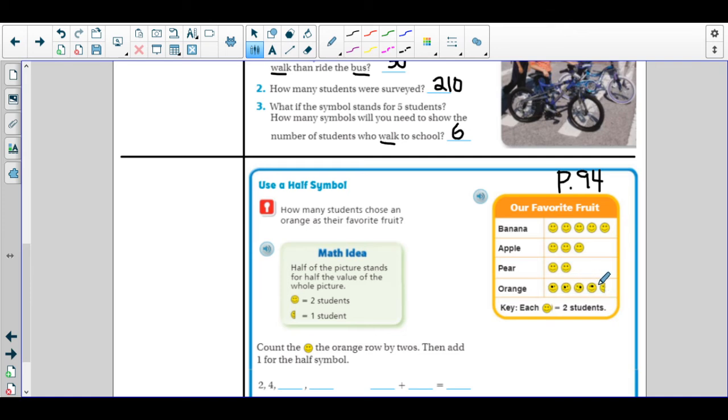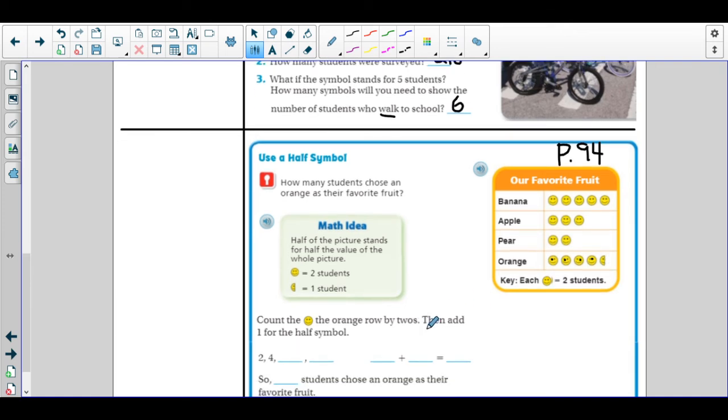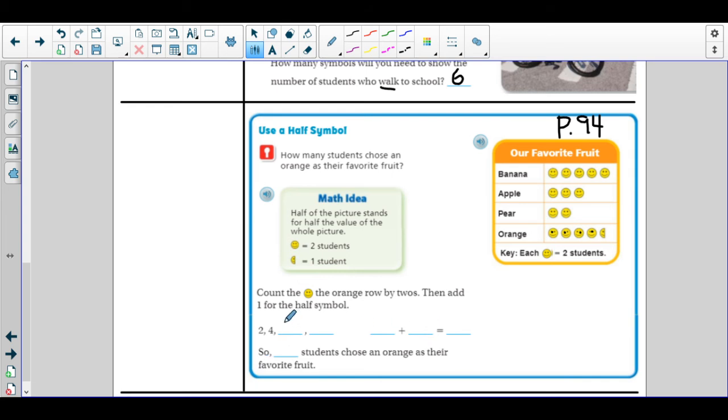So 2, 4, 6, 8, 9. There we go, 2, 4, 6, 8. So we had 8 plus the half is 9. So 9 students.